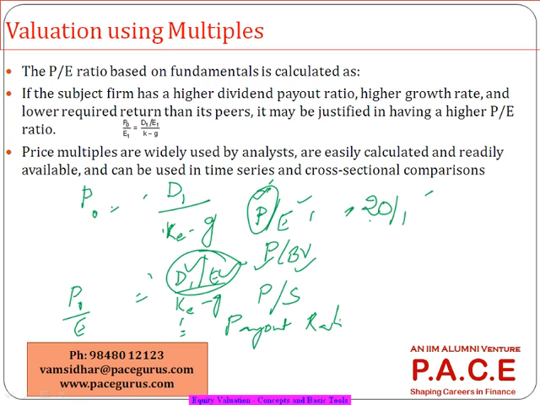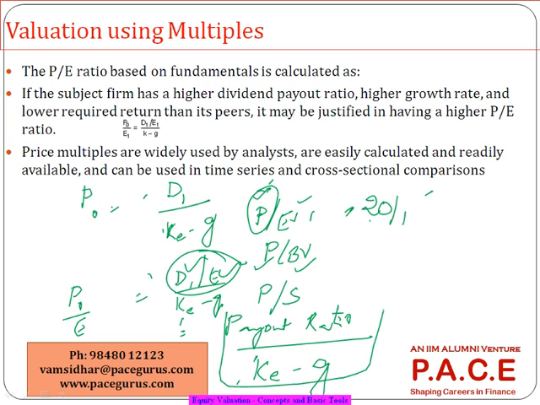Out of 100 rupees profit the company has declared, it is paying 20 in the form of dividend. The remaining 80 is going into retained earnings. So this 20% is the dividend payout ratio. So I can very well say payout ratio by KE minus G. This is the P by E.